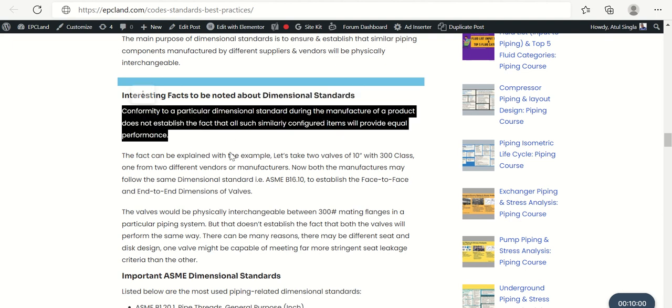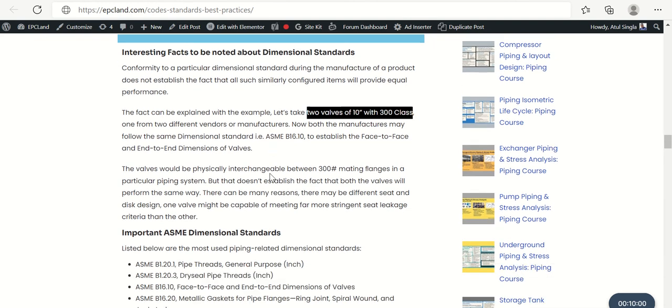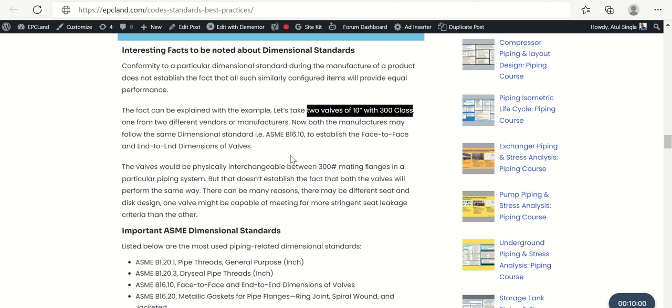Although we are saying there are two manufacturers and they are manufacturing two valves, okay, each manufacturer is manufacturing a valve 10-inch and 300 pound rating, and they are using the same dimensional standard. Can we say the valves from both manufacturers will perform similarly, in a similar way? The answer is no, because there are many other aspects also.